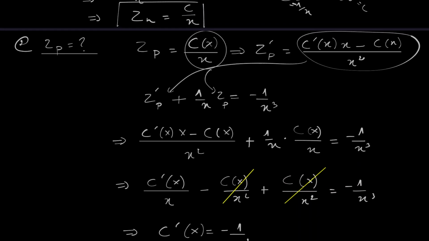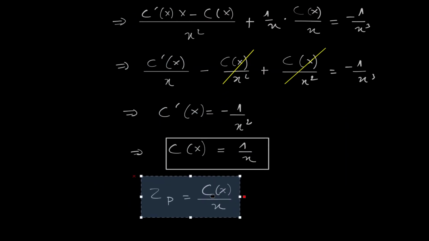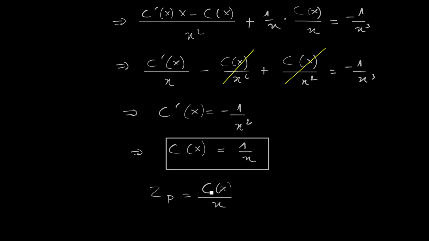I return to our particular solution. We replace c by its value, then the particular solution is equal to 1 over x squared.